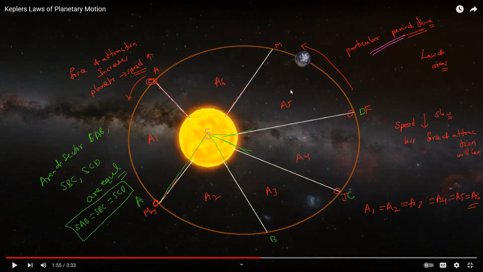Yes, Mari, tell me. Sir, can you please state the rule through a definition? Yes, you can write it in words. According to Kepler's second law of planetary motion, the areas of sectors SAB, SBC and SCD are equal.